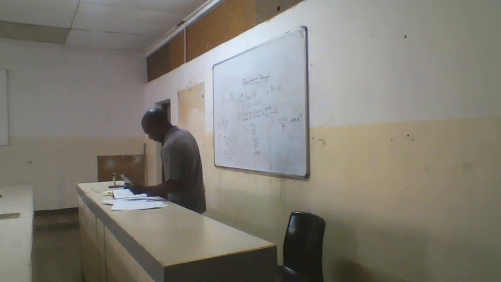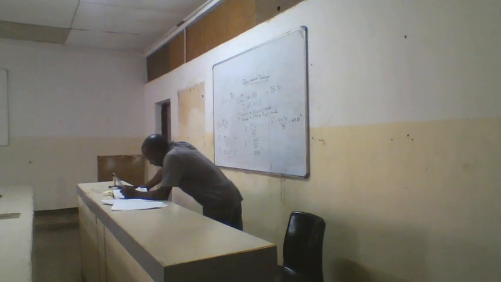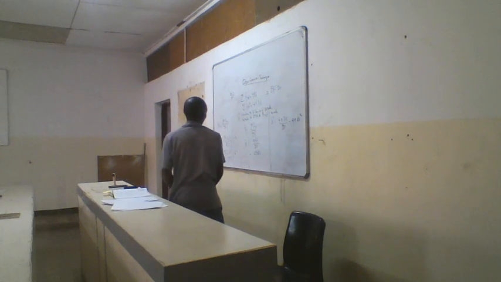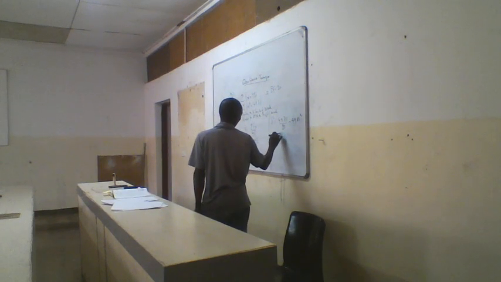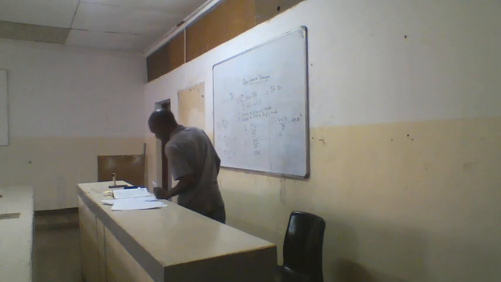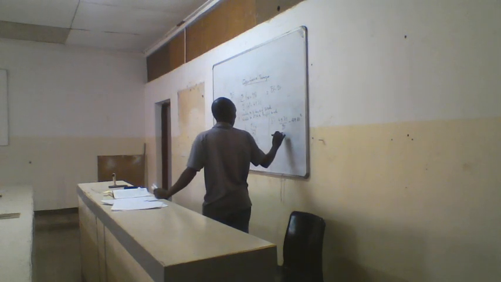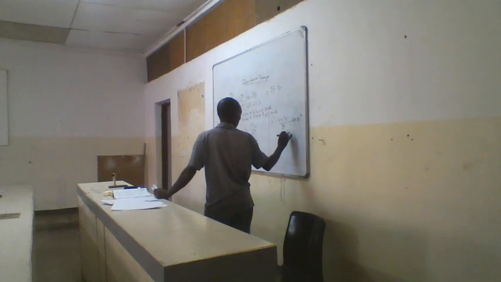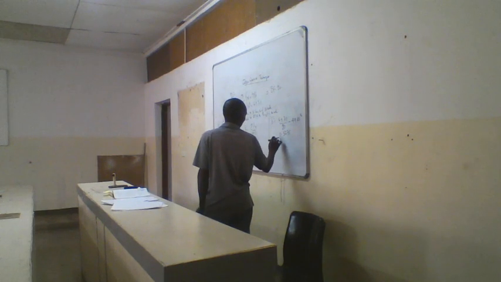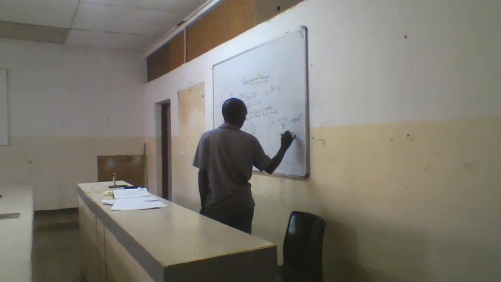The variance will be that. If you work it out well, it has to give you 0.5275. This is the variance.